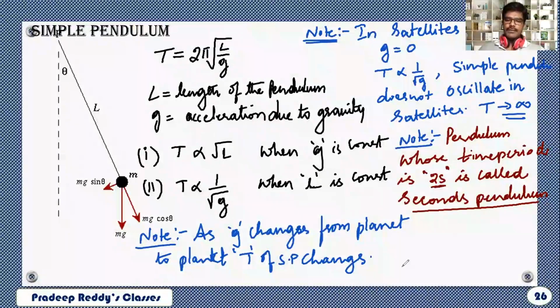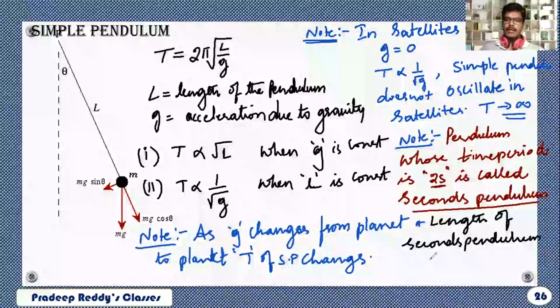So length of seconds pendulum on planet Earth. Length of seconds pendulum on Earth is 100 centimeter.